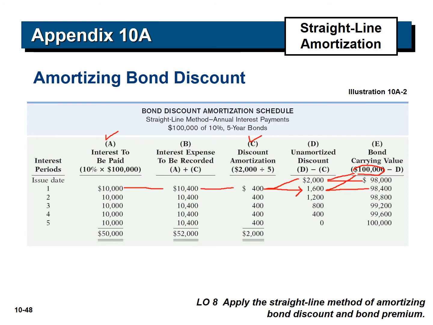And the unamortized discount is just your beginning balance minus what you wrote off this period to give you the ending number. And then your carrying value is just your $100,000 minus the unamortized discount.